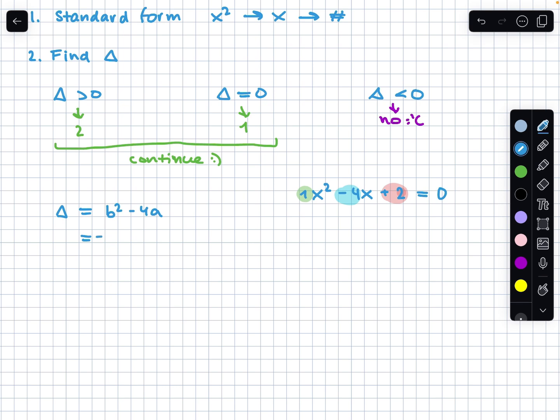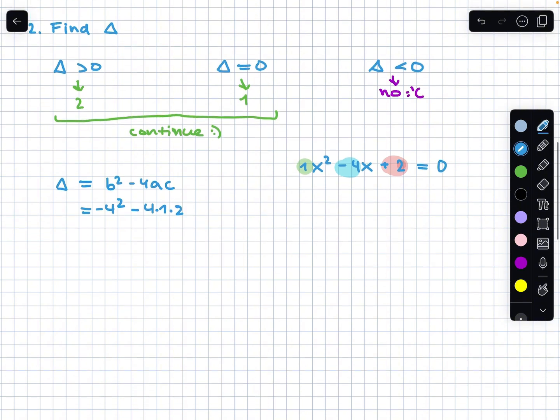So b is minus 4, square that, minus 4 times a, which is 1, times c, which is positive 2. And if you calculate all this, you will get 16 minus 8, which is equal to 8.